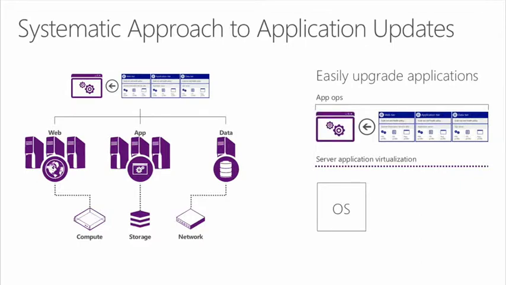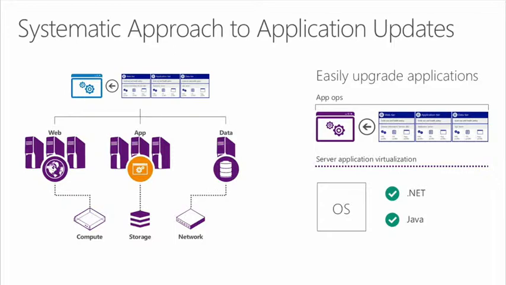I can then push that update to the service, and that service will then push that update down to the different virtual machines that are deployed inside of that tier. And I can do that for my applications, whether they're .NET applications, Java applications, using Server App-V, using my MS Deploy, or my SQL environment.